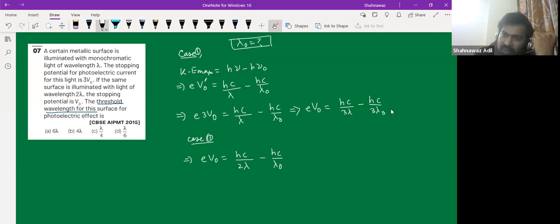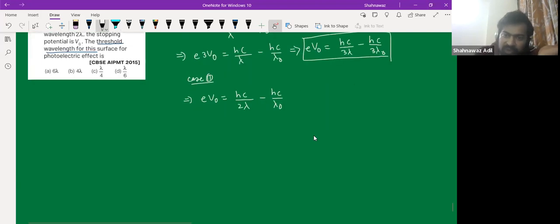We put this value in here, so we get hc by 3 lambda minus hc by 3 lambda naught equals hc by 2 lambda minus hc by lambda naught.